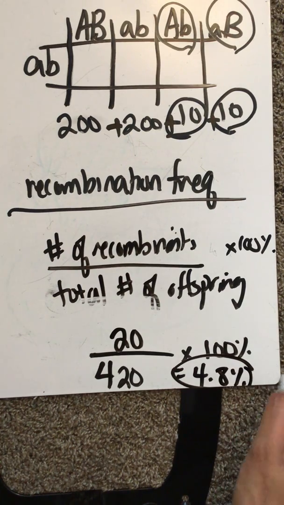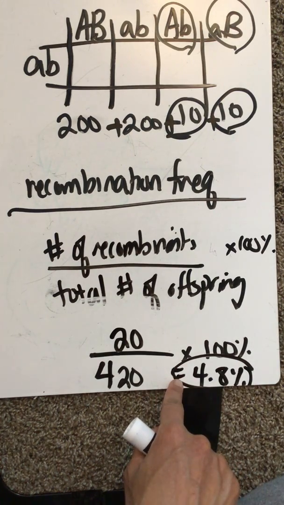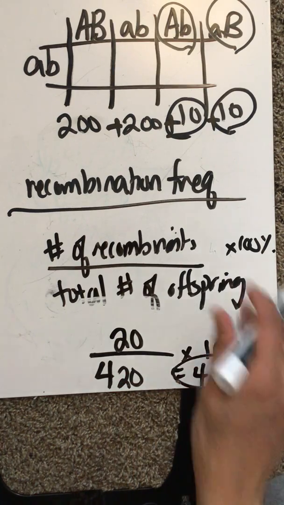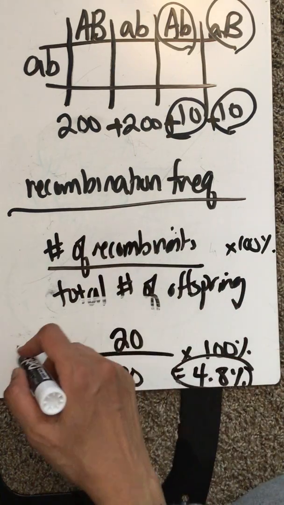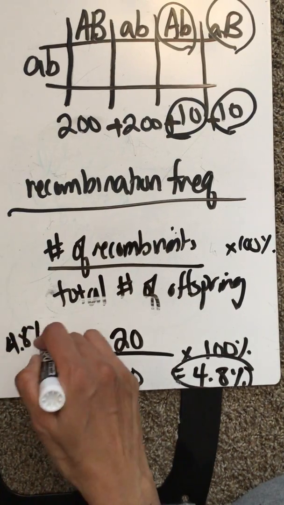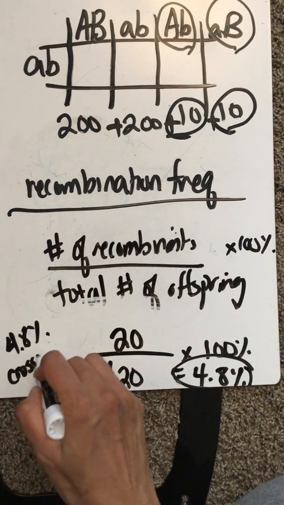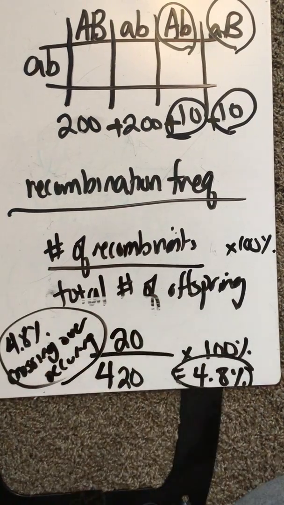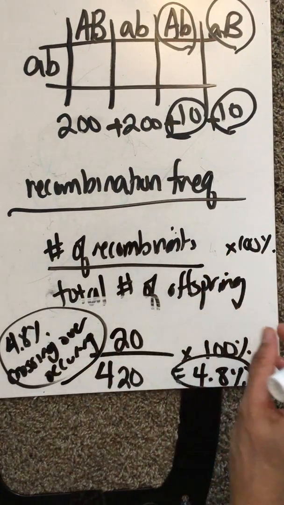See that? 4.8%. That's my recombination frequency. That just means I see recombination occurring 4.8% of the time. So 4.8% of the time, I see crossing over occur in my offspring. That's what that number means.